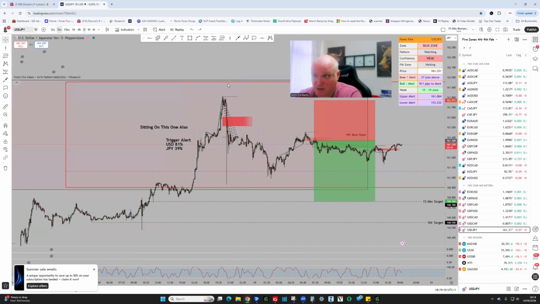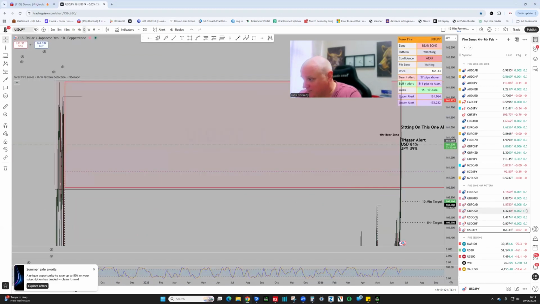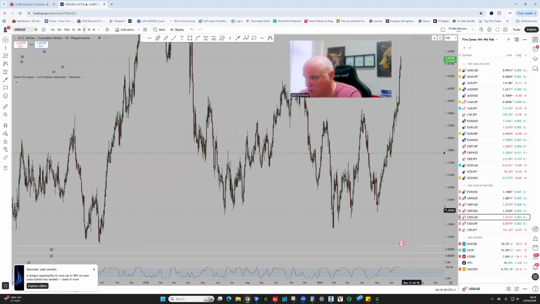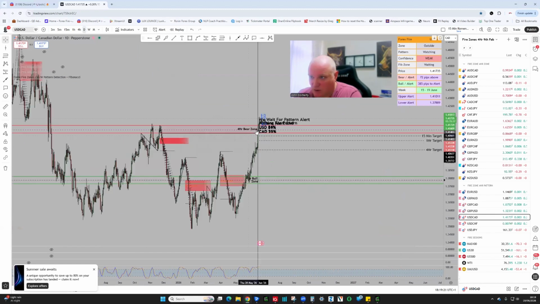If I come back into one of these, would it be the GU? No, it wouldn't be there. USD CAD would be the better one to choose, I would have thought. Like I said, the last point of true mitigation for a buy is this here, because once we come down here, we will ultimately be coming down in a downtrend once we break through here.